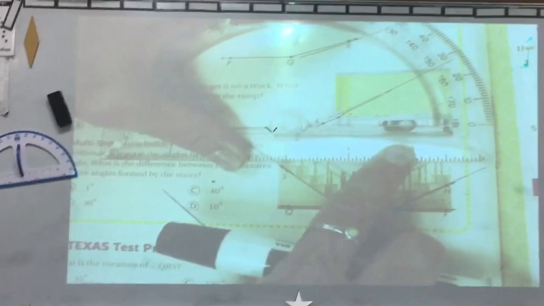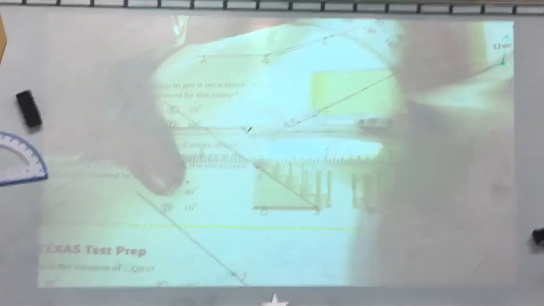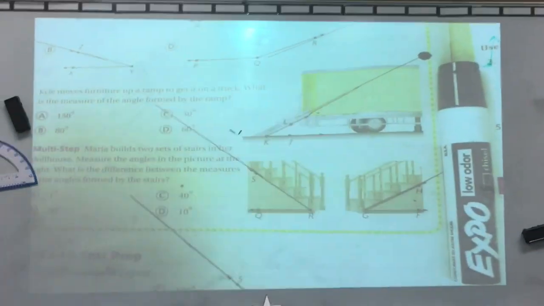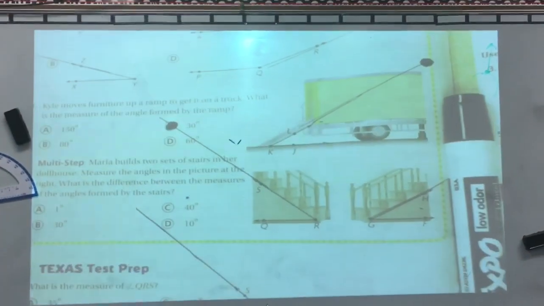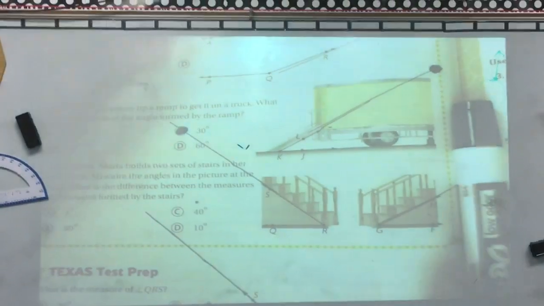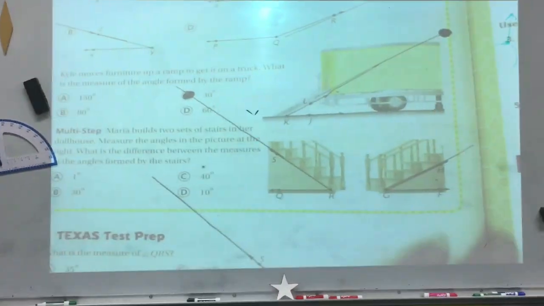On my protractor pointing this direction, my zero's on the top, so I would go around, and the best answer looks like 30 degrees. Now make sure you check for reasonableness. Is this about 30? For this tiny angle right here, yes, that would be reasonable.